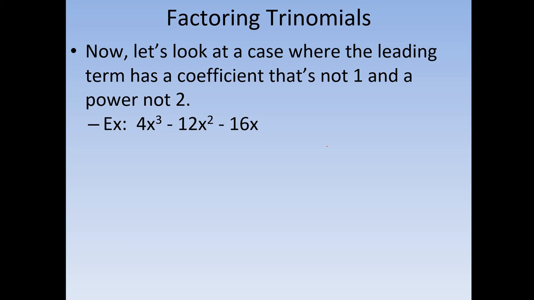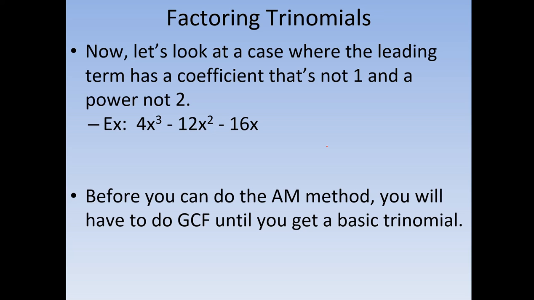So what we're going to end up having to do in a situation like this is, before we can do the AC method, we're going to have to take out the greatest common factor to simplify the trinomial, and then we can do the AC method. So for example, here, each of these terms is divisible by 4. So our greatest common factor will end up being 4, and then each term has at minimum 1 x.